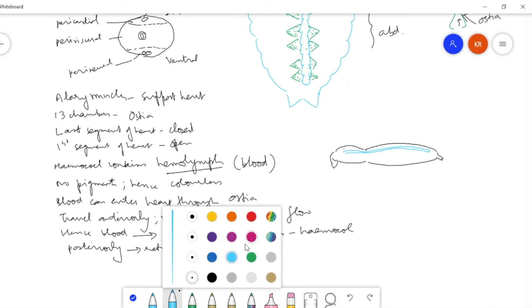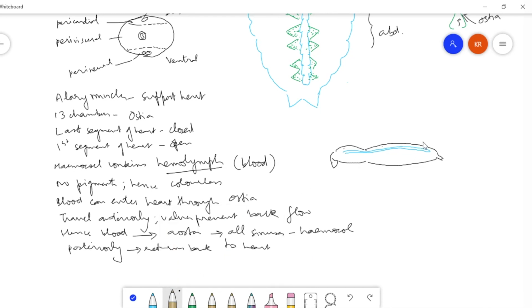Now the blood is not red in color, therefore I am just showing the direction of flow of the blood will be in the heart in this direction, and then it will move in this direction.